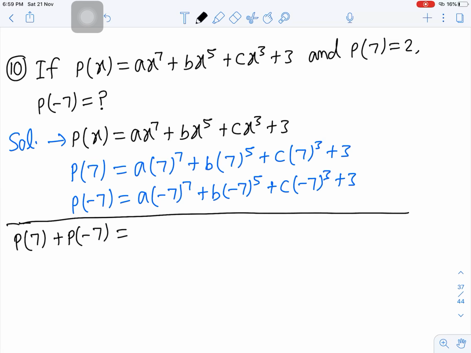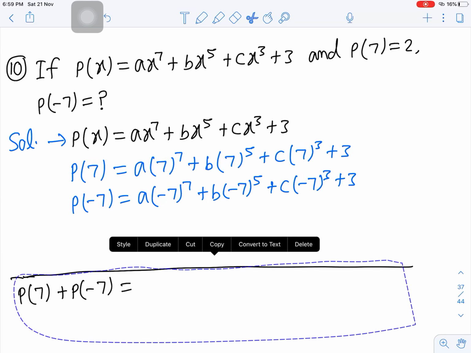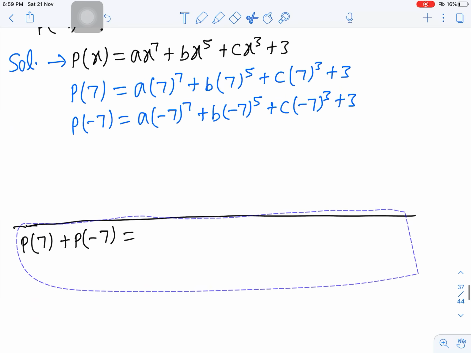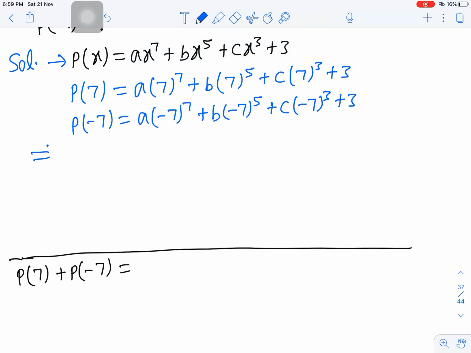And over here, because the power is odd, so if you simplify further, you will get p of minus 7 equal to minus a into 7 to power 7. Because power is odd here, so minus sign will be there. Here also power is odd, here also power is odd. Then minus sign will be there in all the three terms.